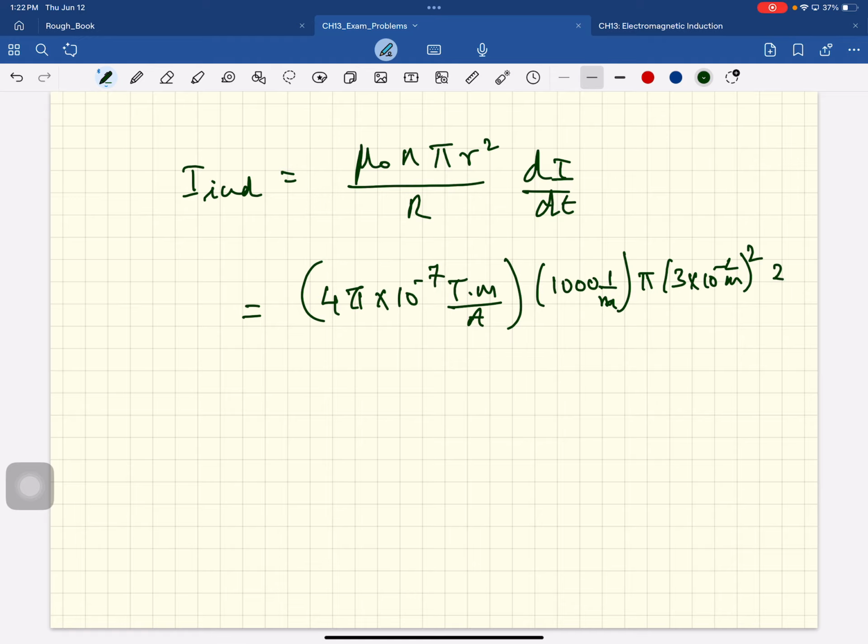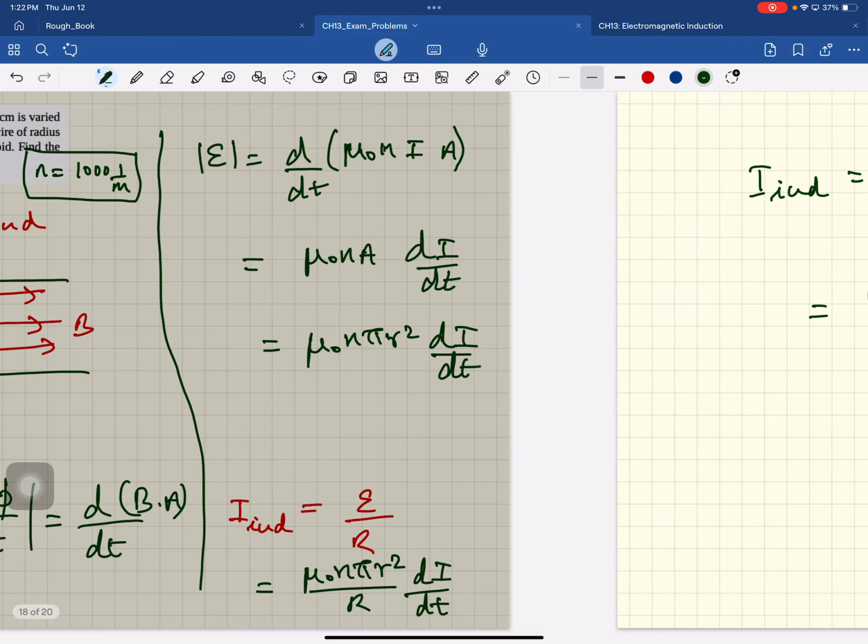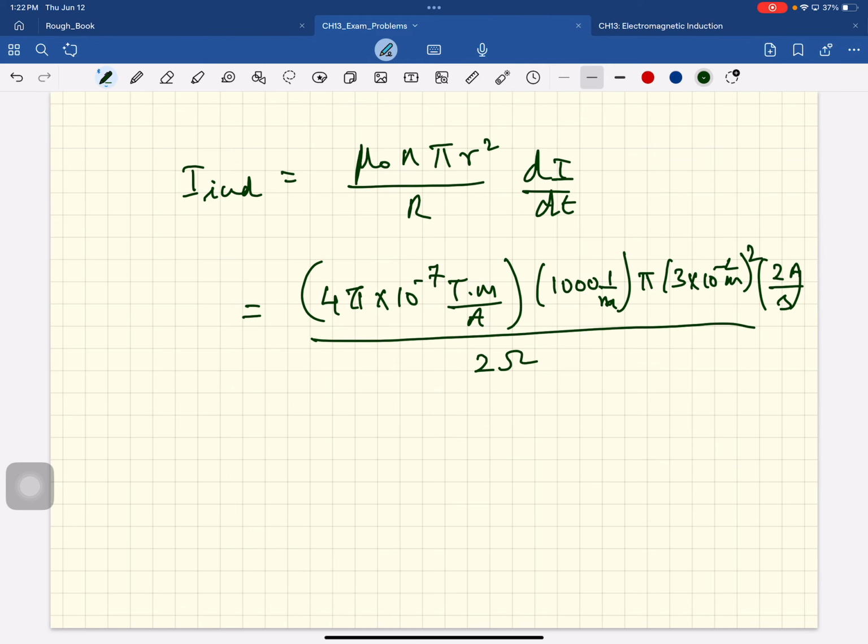And di by dt is 2 amperes per second. And the resistance of this outer loop is 2 ohms. So that's the induced current, in amperes.